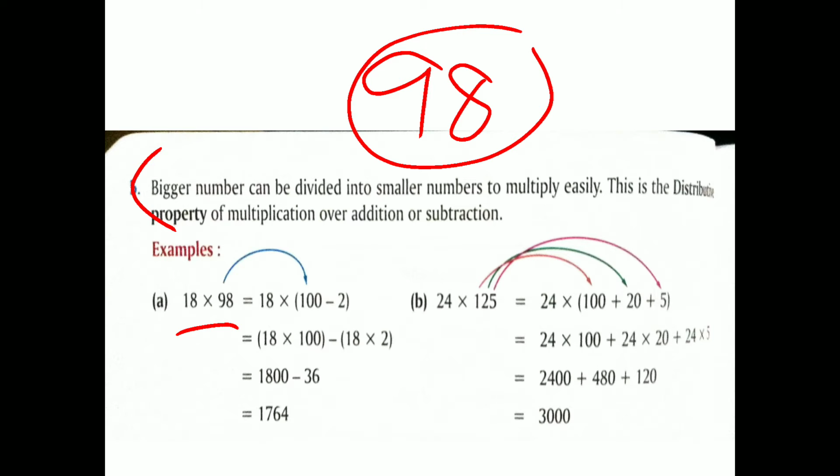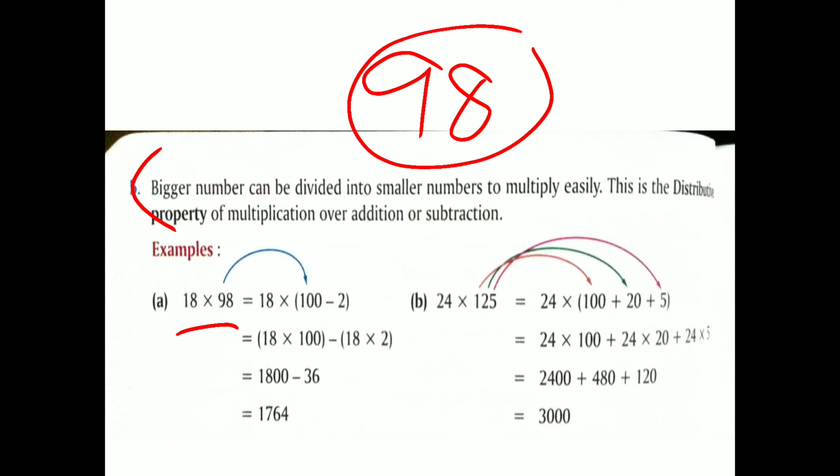After that I will multiply 18 with 100 first, and then I multiply 18 with 2. 18 hundreds I will put in one box. Then there will be a minus sign, keep it in the center. Then 18 twos. 18 into 100 is 1800, minus 18 twos are 36, minus them, the answer comes 1764.